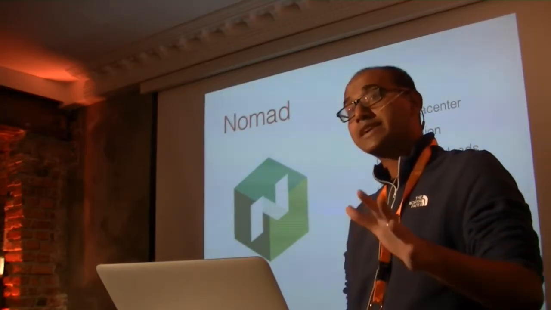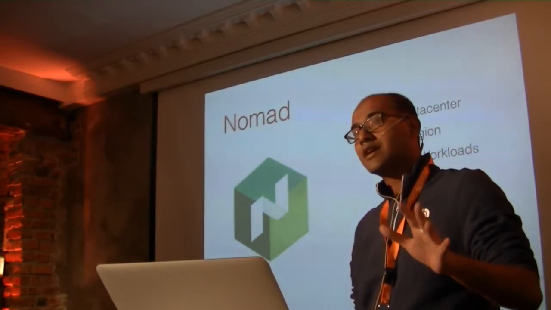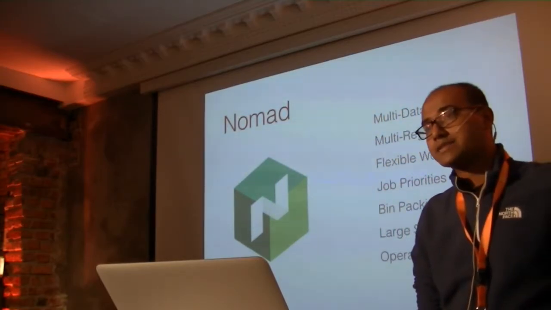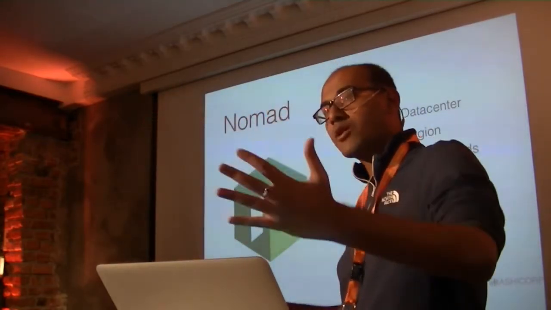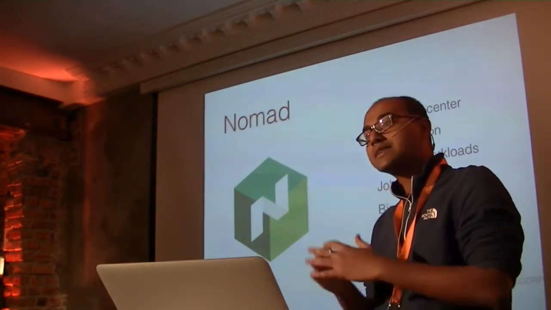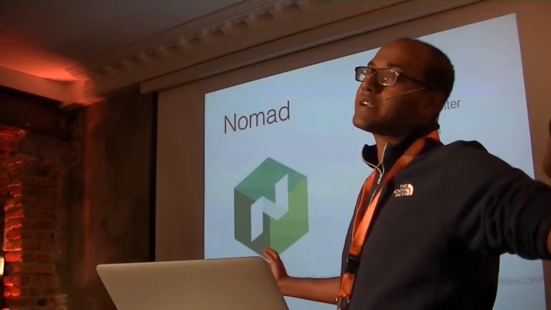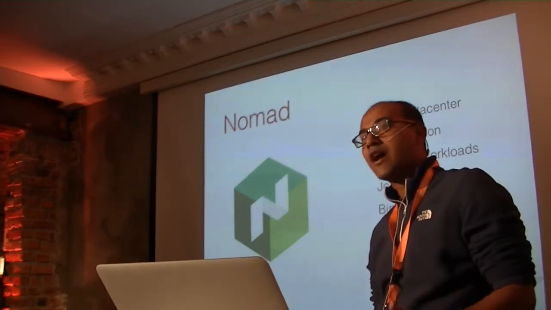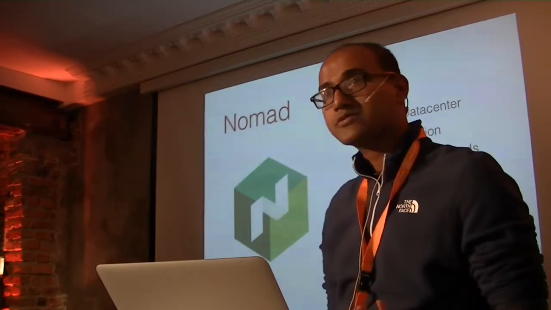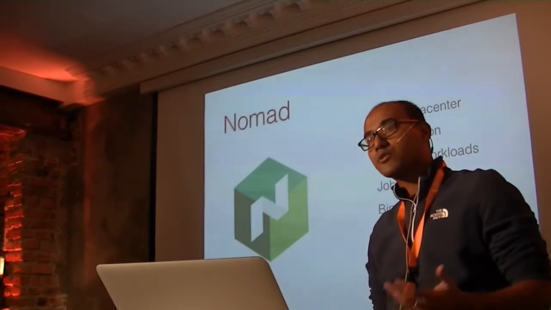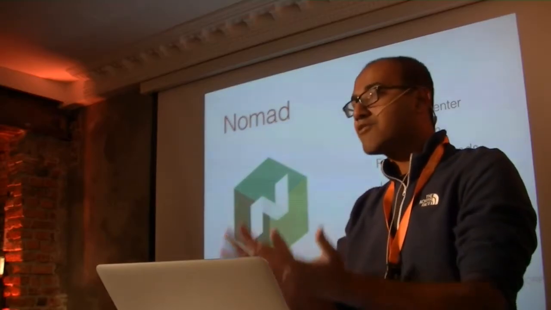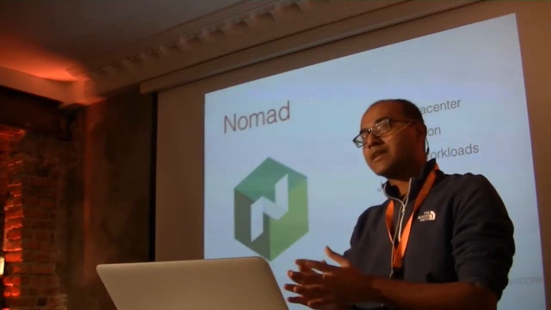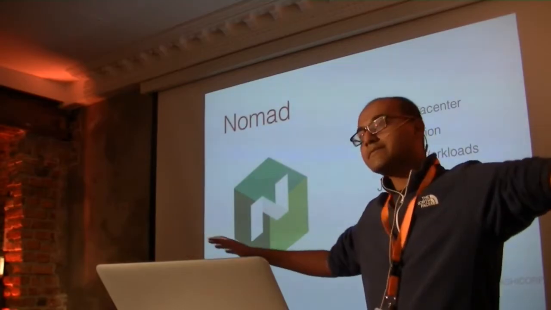Nomad is multi-datacenter, it works across data centers. What it means is that if you are running 3 different data centers in a given geographical location, you can have a single Nomad cluster which spans multiple data centers. This is different from how Apache Mesos and Kubernetes work, for example. With those systems, you are pretty much running each of the systems in a single fault domain, whereas with Nomad, you can spread Nomad across multiple fault domains.